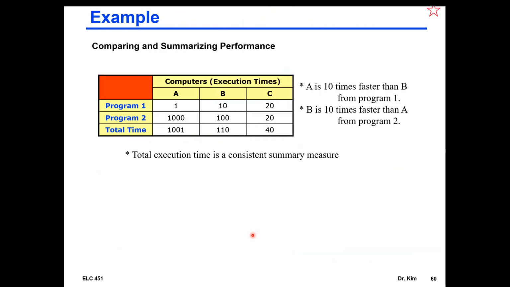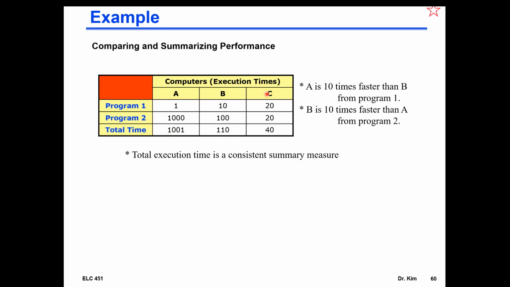So how do we summarize this performance? Again, if we're going to be measuring what matters, which is the execution time, or in terms of connected computing systems, response time and throughput, we can have different jobs and we can measure them in different systems, okay? And we can get data like this.